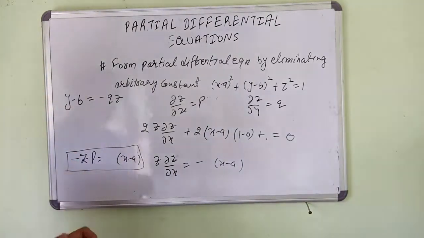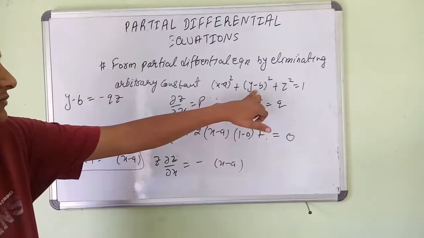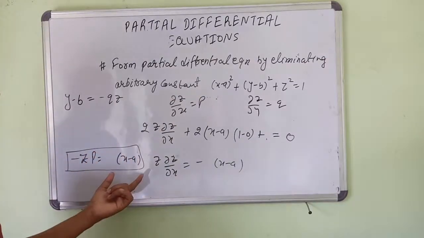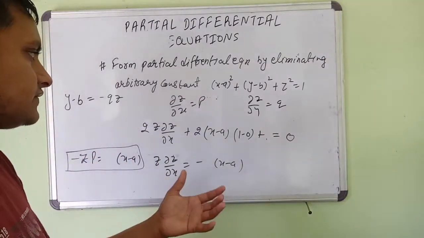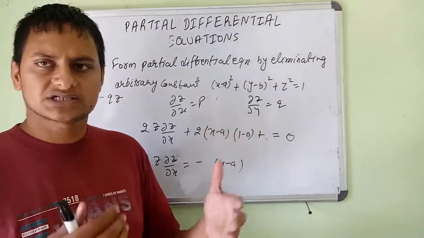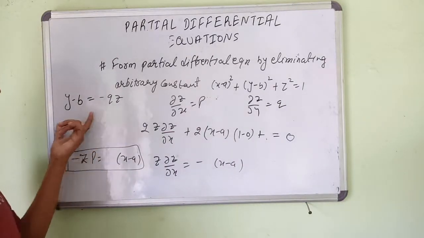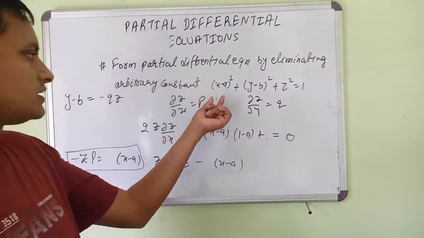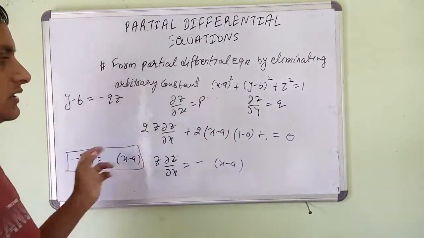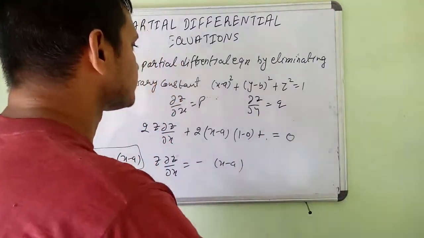So replace this x minus a and y minus b with minus zp and minus qz, because when we apply the partial derivative we get this x minus a is this and y minus b is this. So replace these, then we get a partial differential equation.